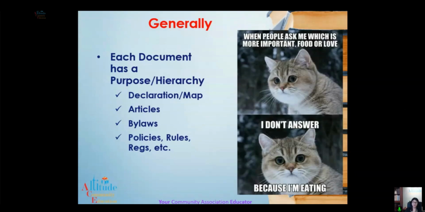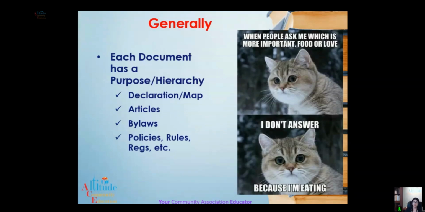So any document underneath the declaration and the map that conflicts with the declaration or the map is going to be subsidiary to that. If there is an inconsistency between the map and the declaration, then we really have a problem because neither one of those trumps the other one. So make sure you talk to your attorneys if you see that kind of thing happening.